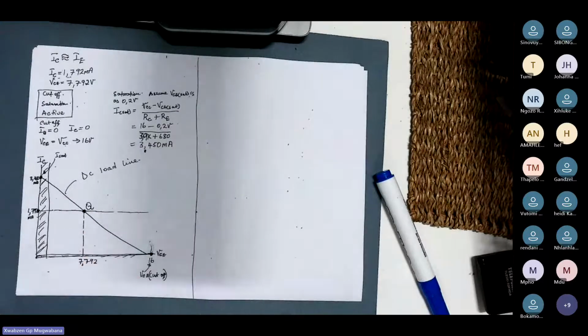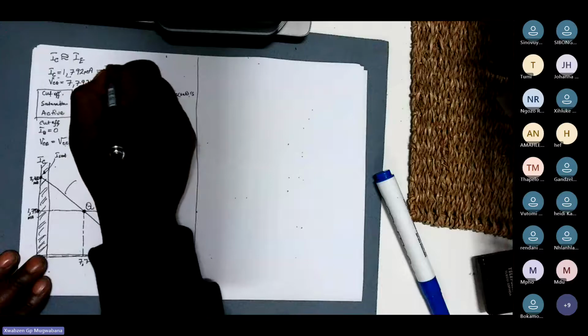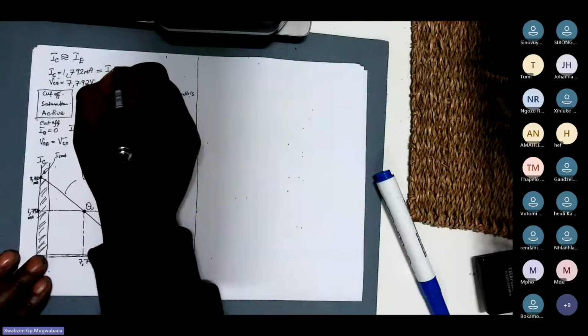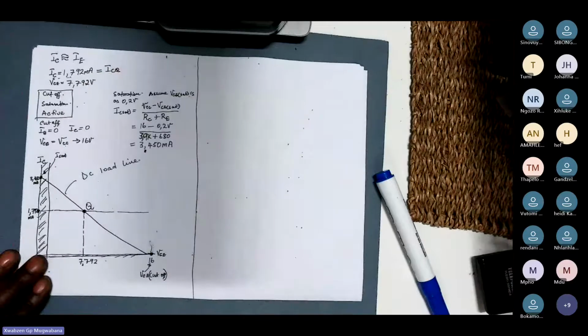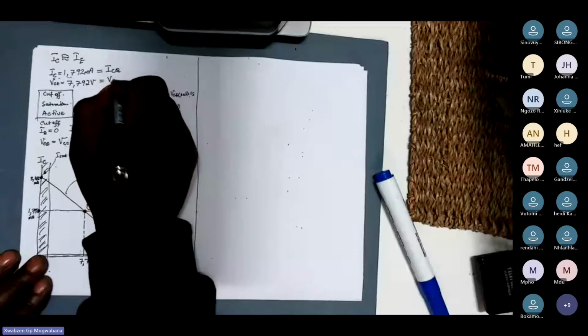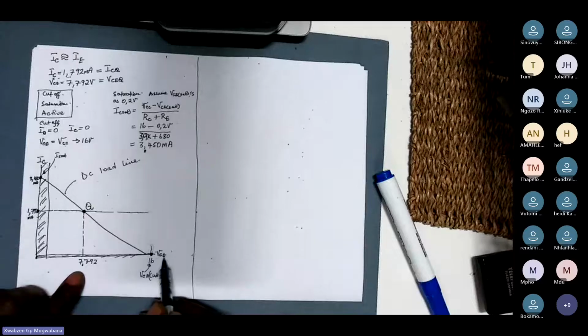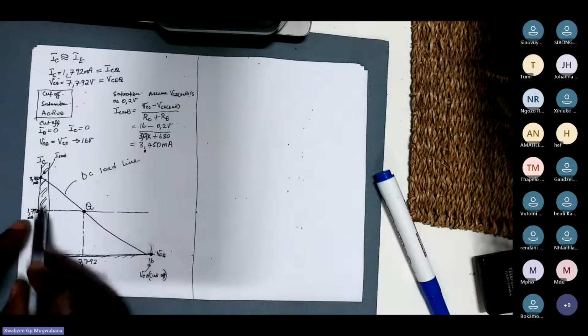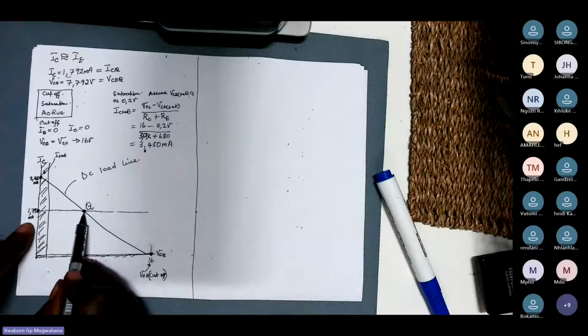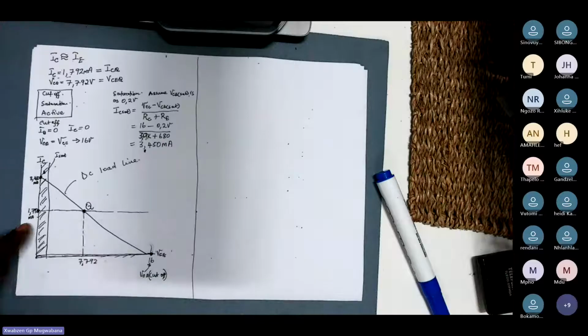Now, I want you to listen to me very carefully. This value that you see here is your ICQ, and this is your VCEQ. This is your operational point.